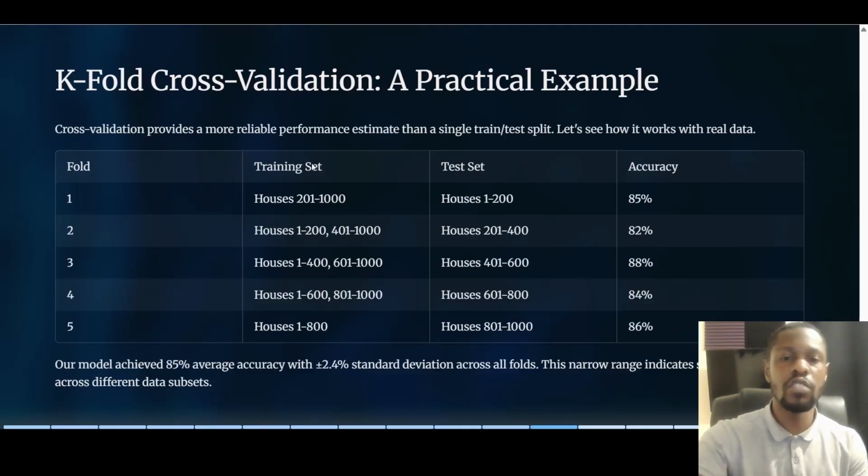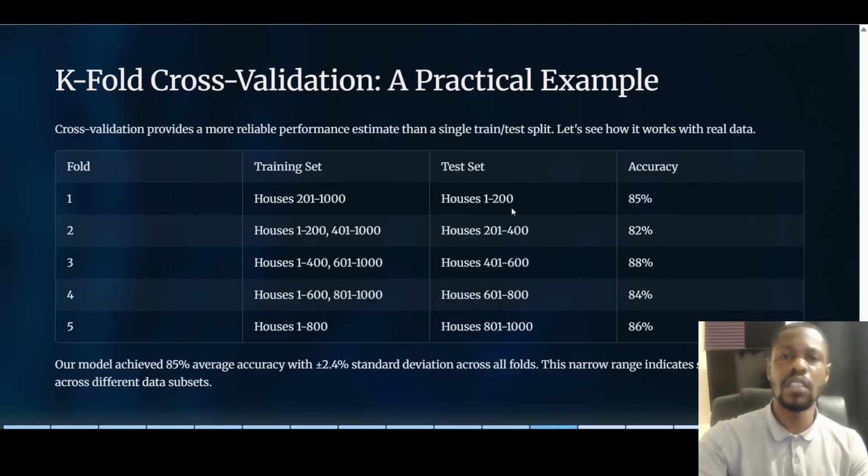We split the data into 5 different groups. The houses 201 to 1000 are what we're going to use as our training data, and the houses labeled 1 to 200, we are going to use as a test set.